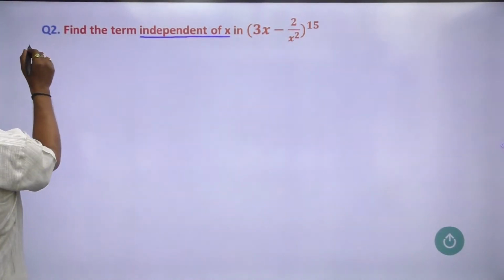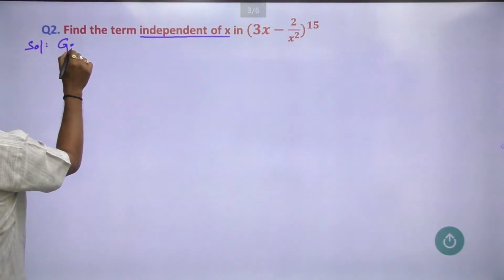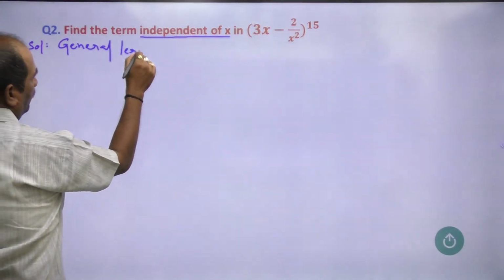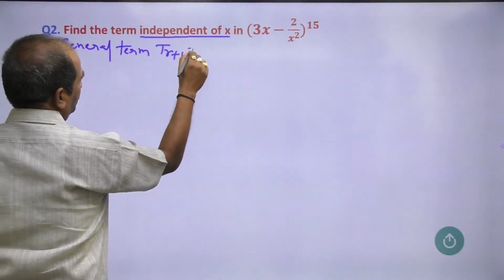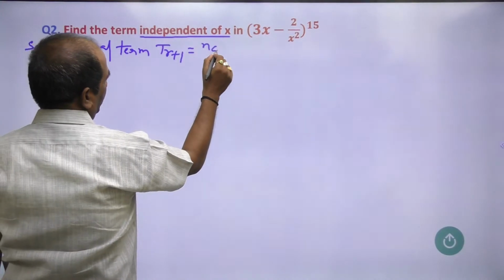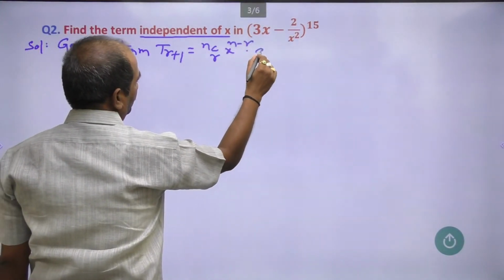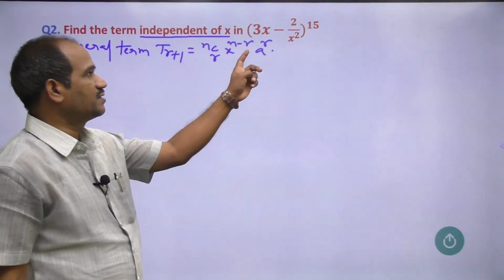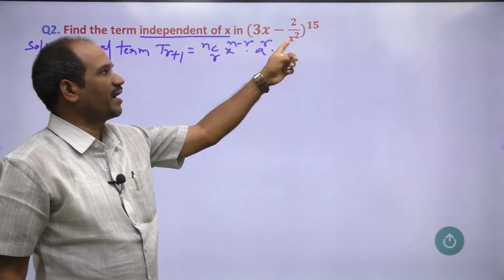In the solution, the general term t r plus 1 is equal to n C r into x power n minus r into a power r. Replace these values: n value 15, x value 3x, a value minus 2 by x square.